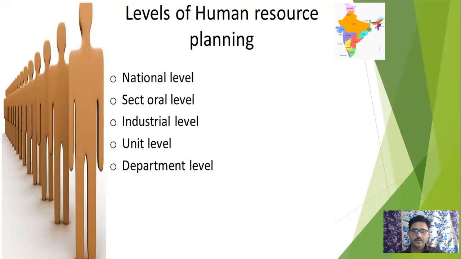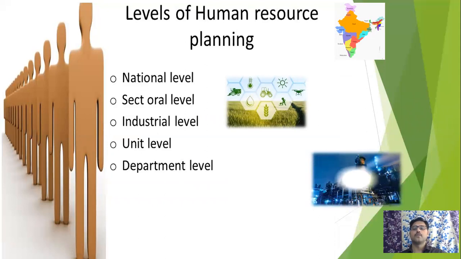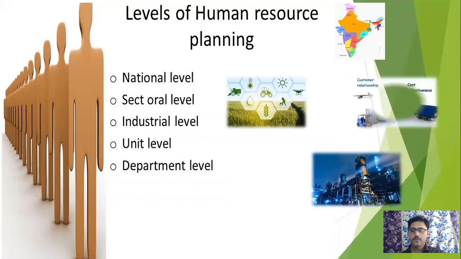Then sectoral level of human resource planning, that is human resource planning for different sectors. That means for agricultural sector, for industrial sector, for service sector. Why is different kind of human resource planning needed for different sectors?